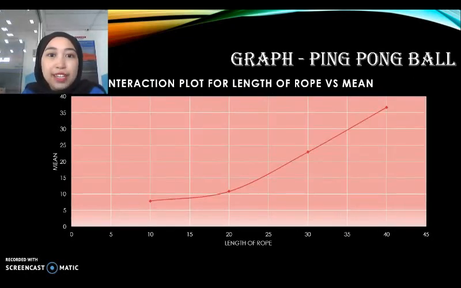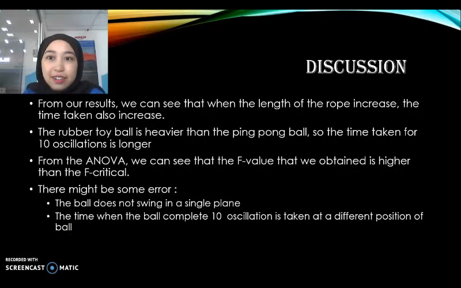Next is the interaction plot for length of rope versus mean for the material of ping pong ball. It is slightly increased from the mean 6 until 10, and greatly increased from 10 to 35 or 36.